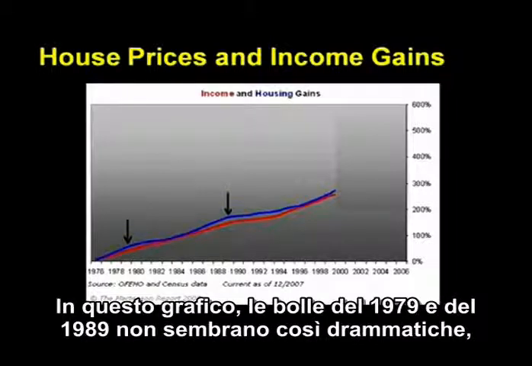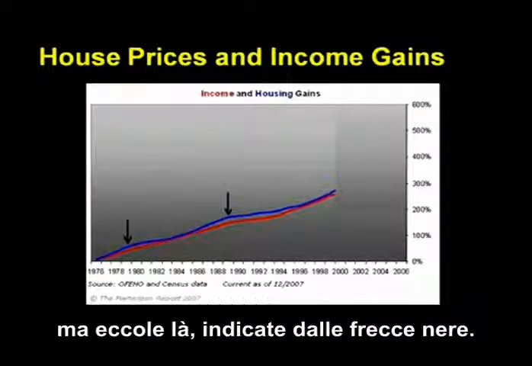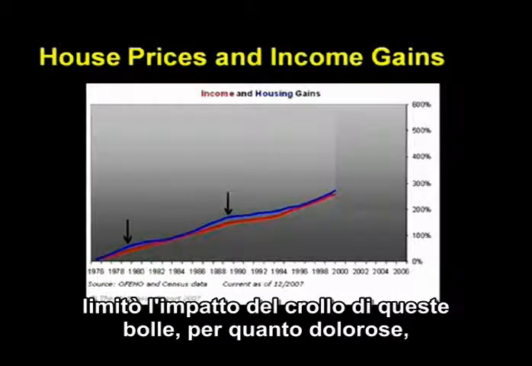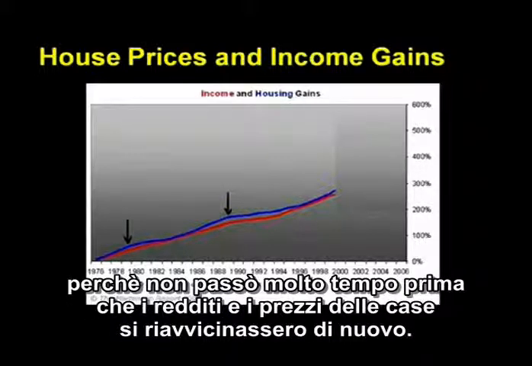The bubbles of 1979 and 1989 are not very dramatic on this graph, but there they are, marked by the black arrows. The fact that median incomes did not deviate very far from those prior bubbly house prices helped to limit the impact of the bursting of those bubbles, painful though they were, because incomes and house prices did not have to travel very far to once again meet up.